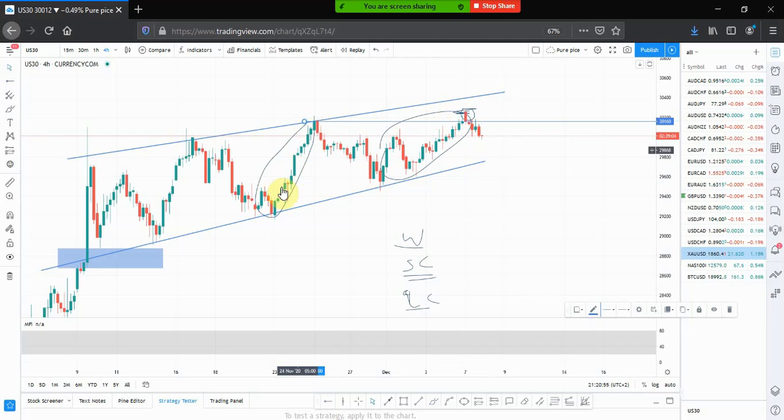But this move here took a short period of time. That's why you can see they are green candles, and some of them are very big, but this one is a combination of green and red candles, which are smaller in size and many in number. If the candles are many in number, it means that there is a struggle. So it means that buyers are struggling here to push the market up.